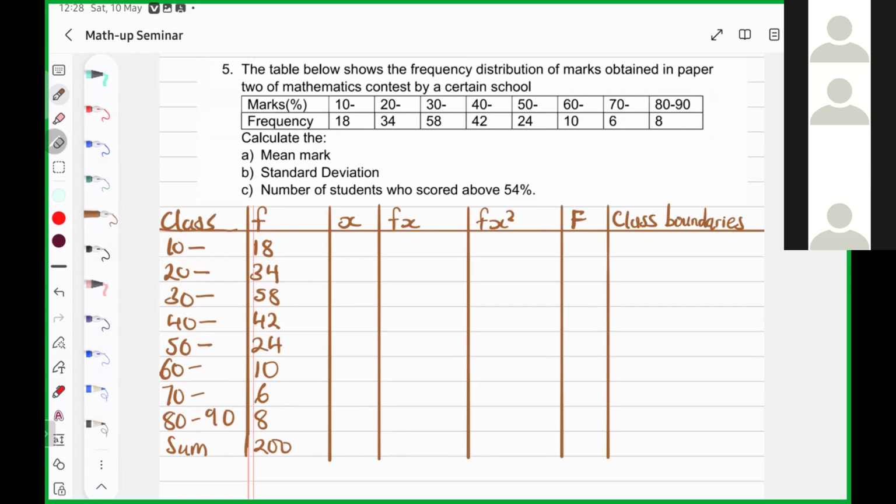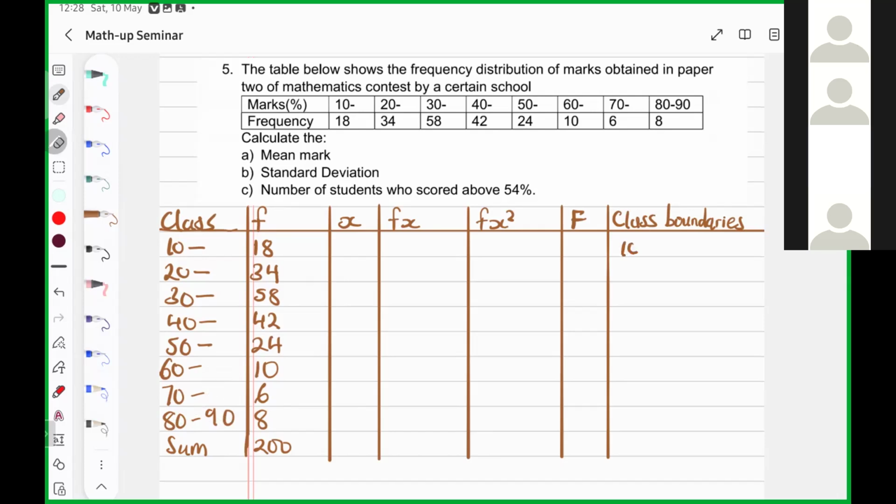So for the class boundaries, I will first get the class boundaries because it's from the class boundaries that I'll get my x value. When I look at my last class, it's 80 to 90. I don't know any other class width, so I'll just use this 10 for the class before the last one, and I will carry that 80 and put it here where I have 70.